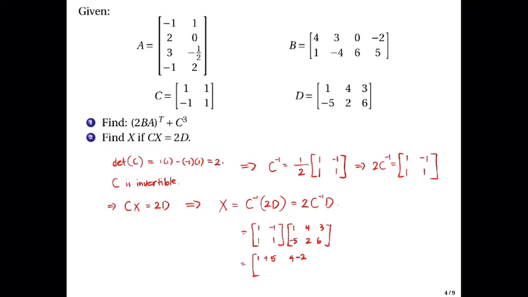And then in here you have 3 minus 6. And then on the lower row here, you have 1 times 1 plus 1 times negative 5. So all you need to do is to add the entries in here. So you will have here 1 minus 5, 4 plus 2, 3 plus 6.